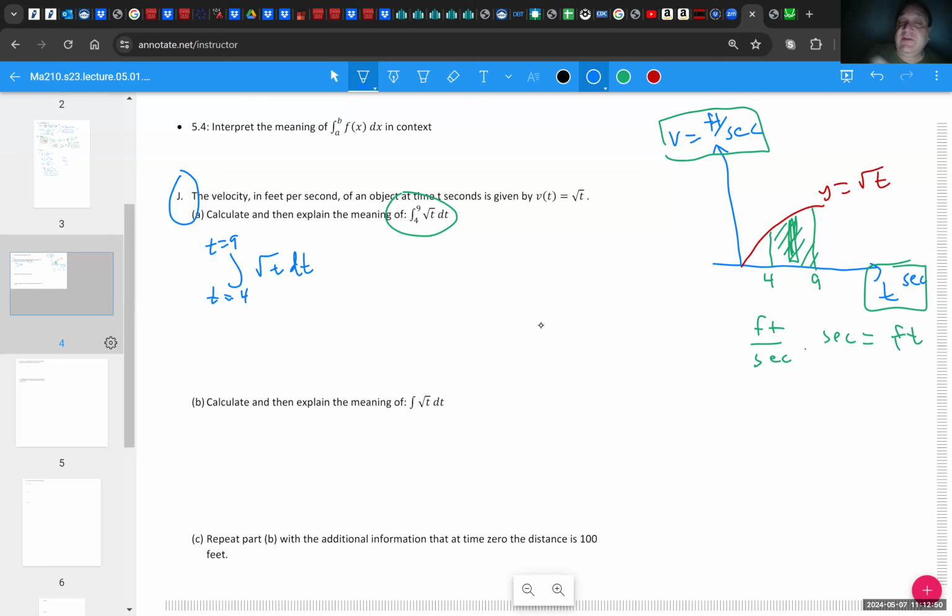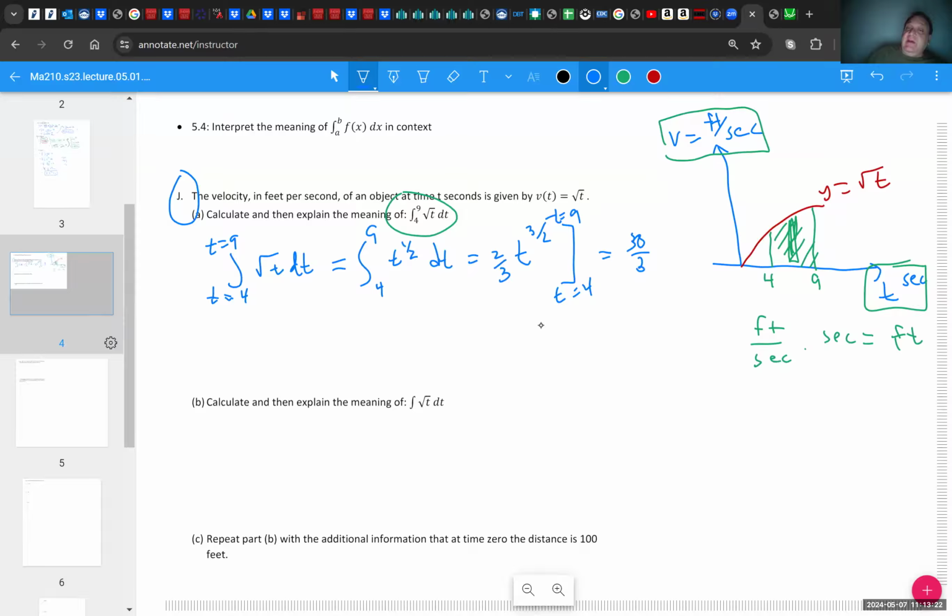We actually differentiated this in the previous video. I wrote this as t to the 1/2 exponent and then used one of the formulas for anti-differentiating, getting t to the 3/2 times 2/3. We evaluated this from t equals 4 to t equals 9, and that gave 38 thirds as the area.